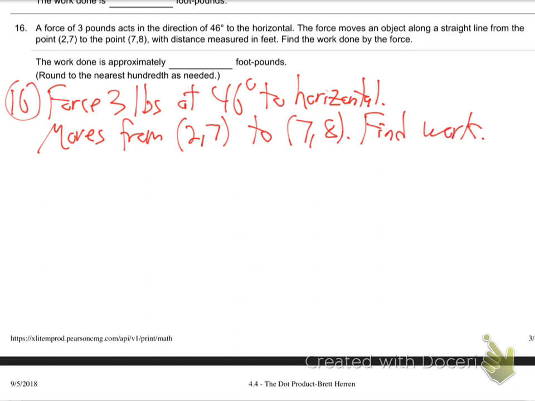Find the force vector, find the distance vector, do the dot product. I'll give you a second, see if you can find both.